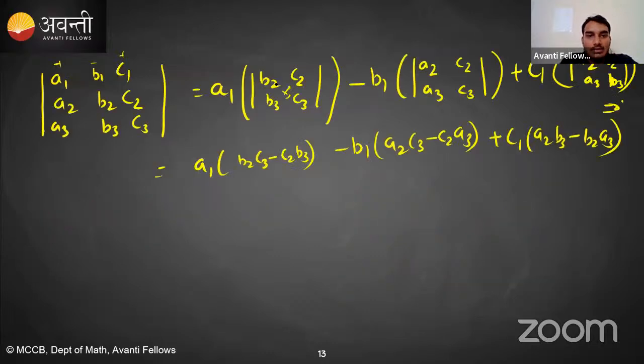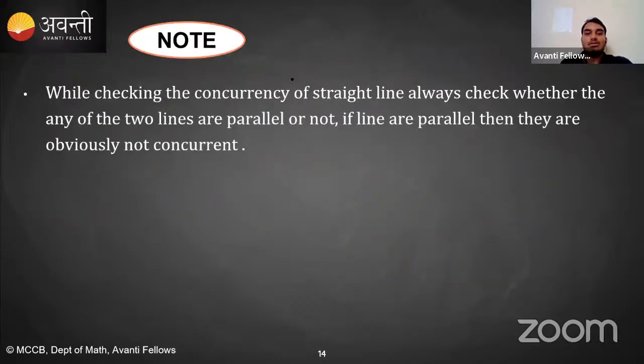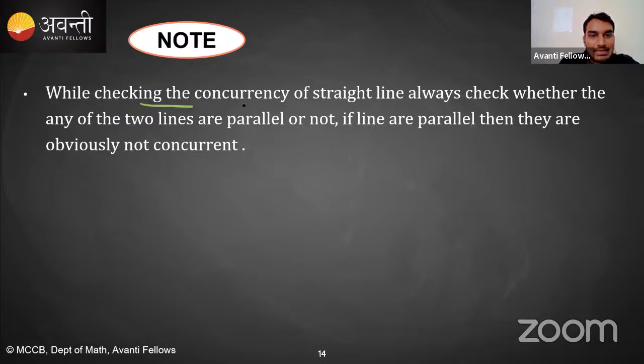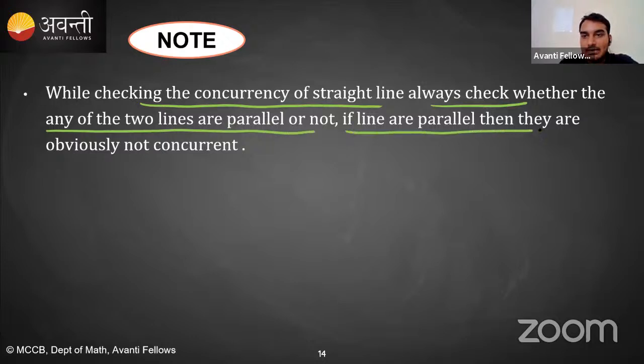So students, there is one common thing that you should remember. While checking the concurrency of straight lines, always check whether any two of the lines are parallel or not. If the lines are parallel, then they are obviously not concurrent.